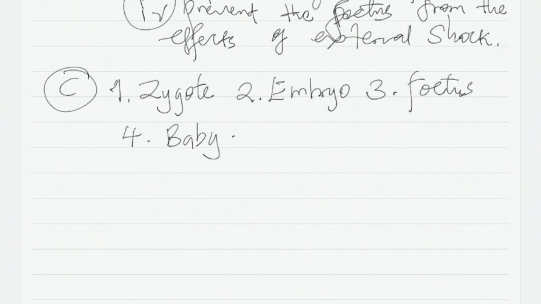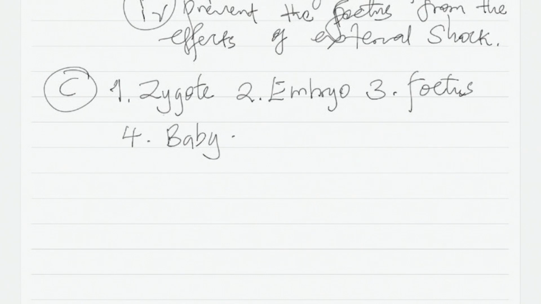According to this question, we were asked to complete the stages, of which the options are 1 and 4. Option 1 is supposed to be a zygote, and part 4 is supposed to be a baby.